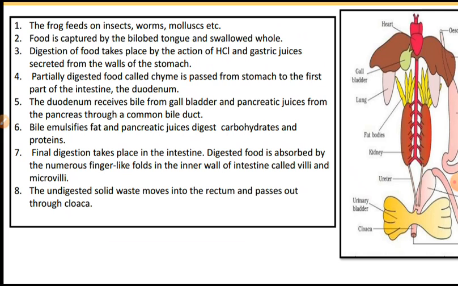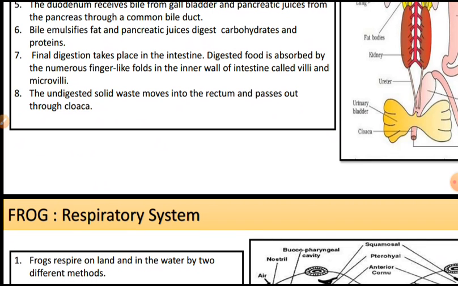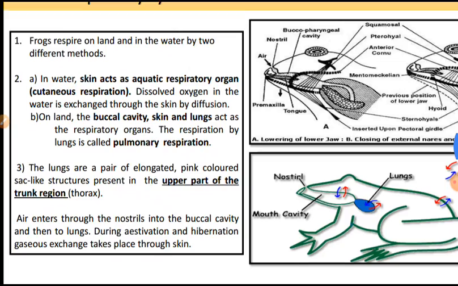It is stored in the gallbladder, and the pancreatic juice secreted from the pancreas comes into the common bile duct. After the final digestion, the food is absorbed by the numerous finger-like villi present in the inner wall of the intestine, and the undigested solid waste moves from the rectum and passes out through the cloaca.